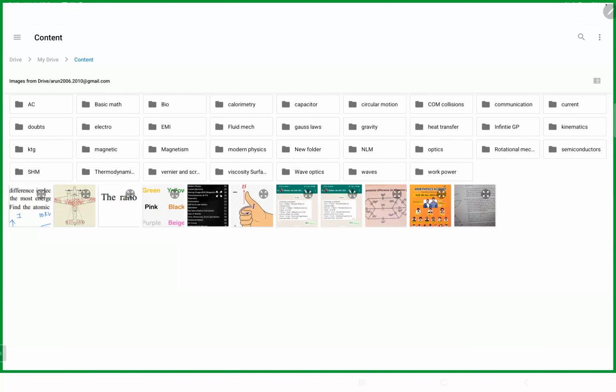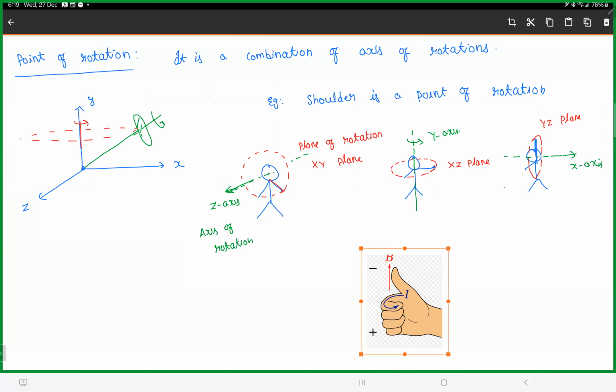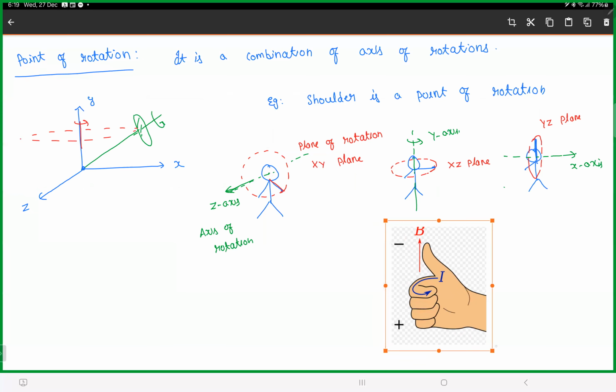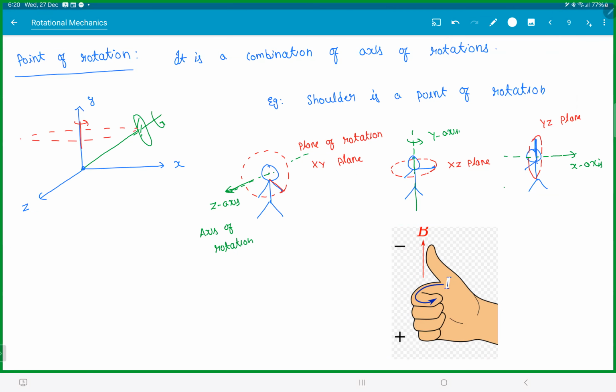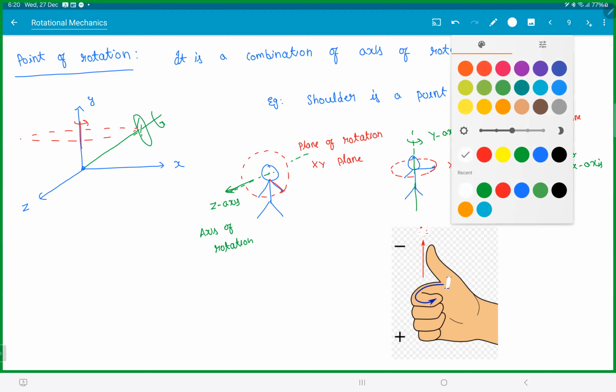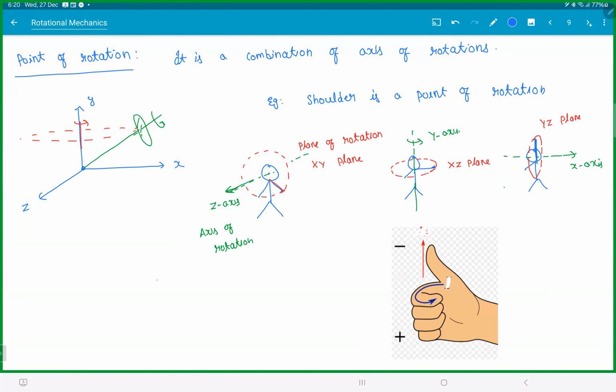And if you look at this, we have done this in circular motion also. Here, the curl of the fingers is along the plane of rotation.